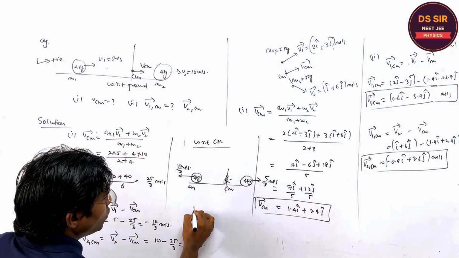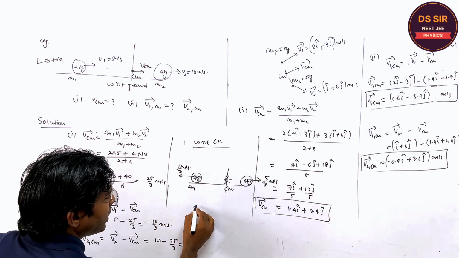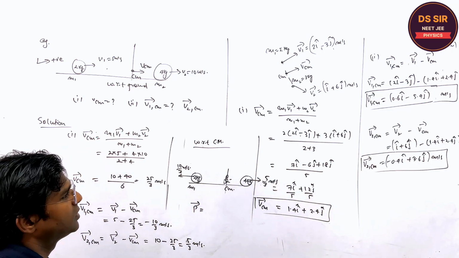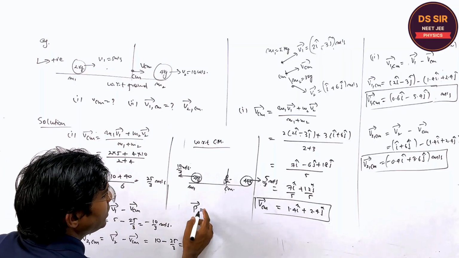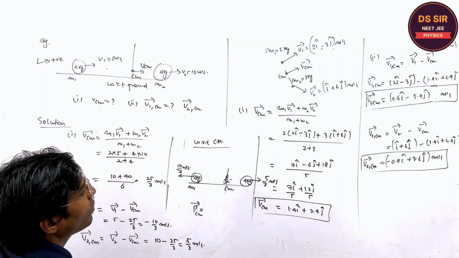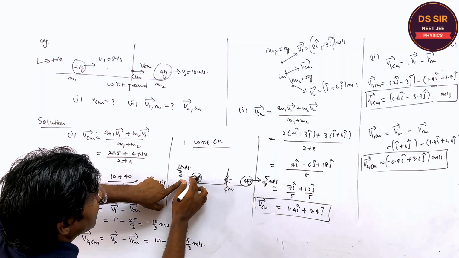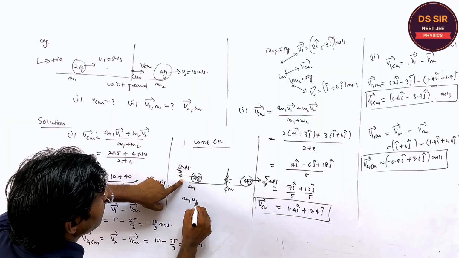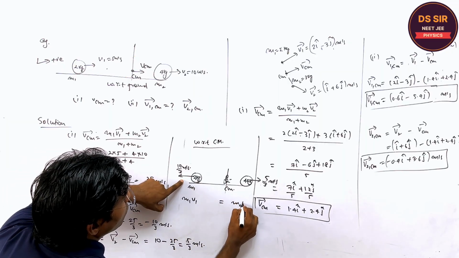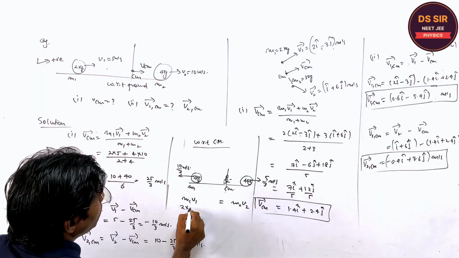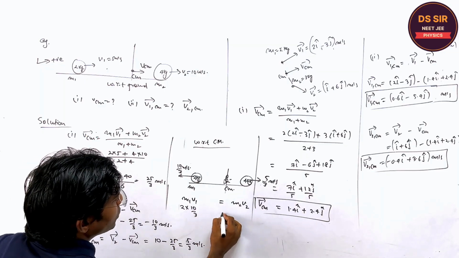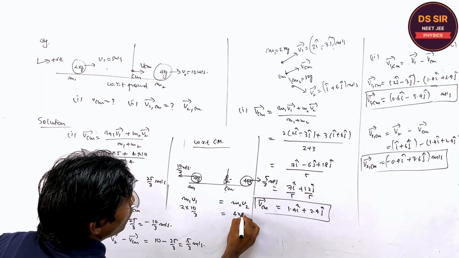So if you are asked to find the linear total momentum of the system with respect to center of mass, what will you say? You will consider m1 v1 is equal to m2 v2. 2 into 10 by 3 is equal to 4 into 5 by 3.